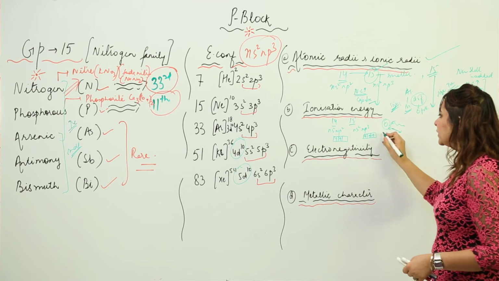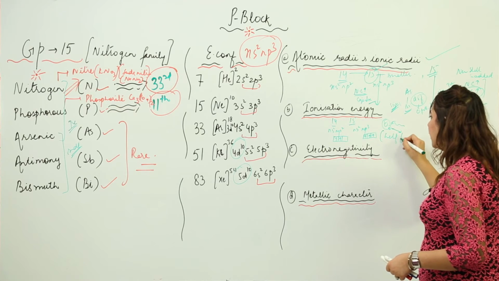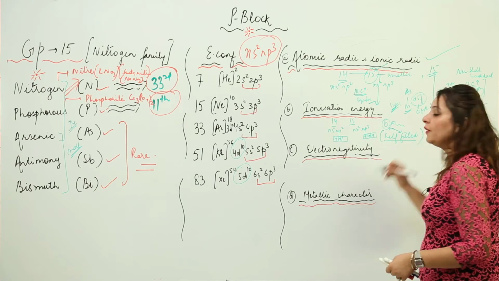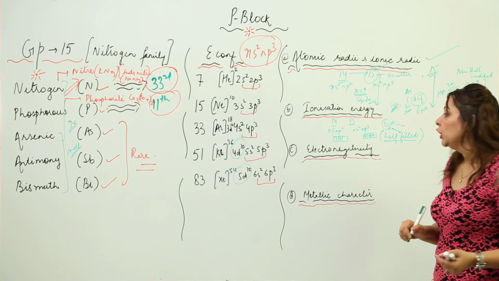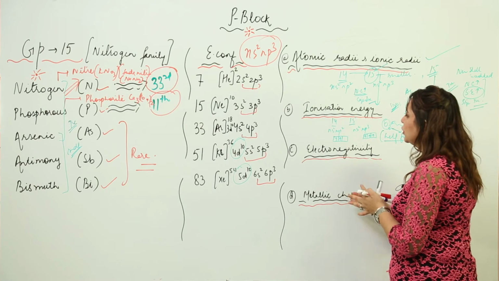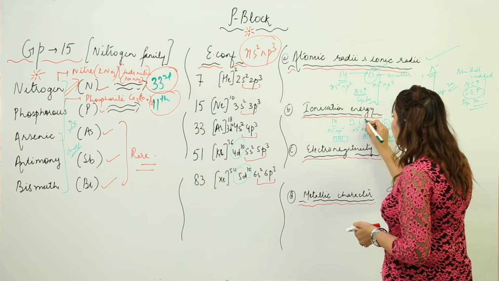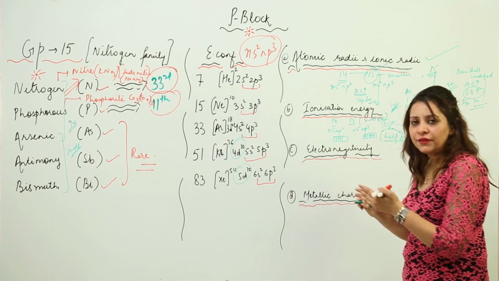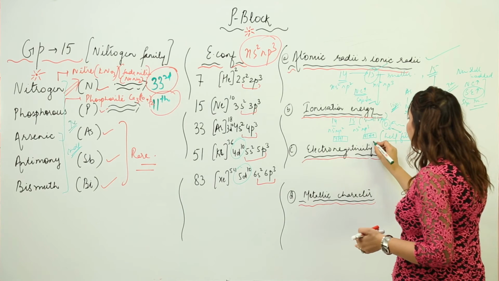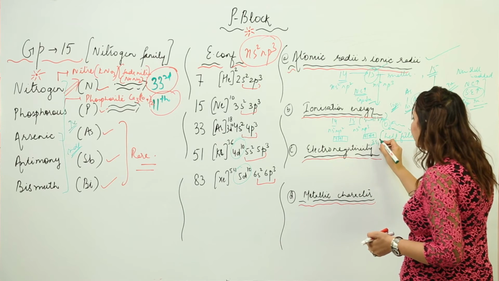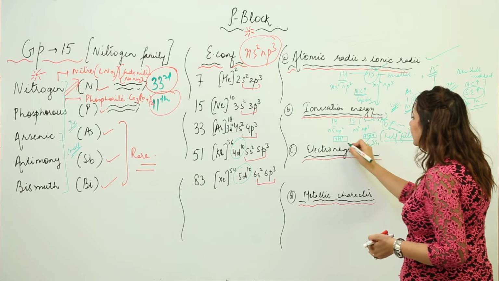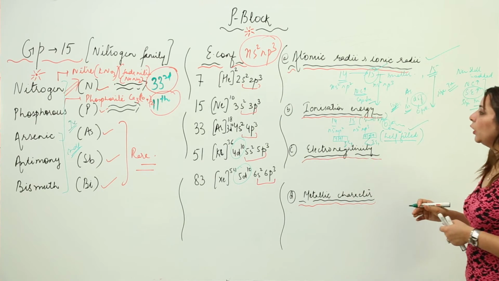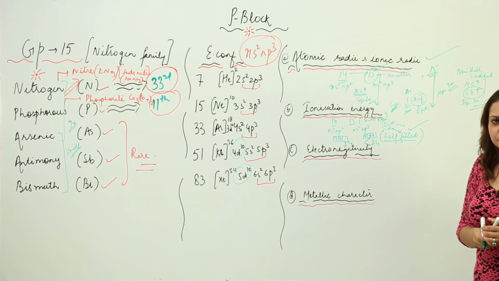That means the group 15 members have a half-filled p orbital, and we know that half-filled orbitals are more stable. So, due to their smaller size and half-filled stability, their ionization energy is greater than the ionization energy of the 14th group. Right. So this is how you are going to compare the ionization energy of 14 and 15.